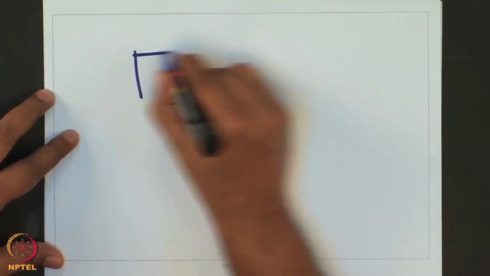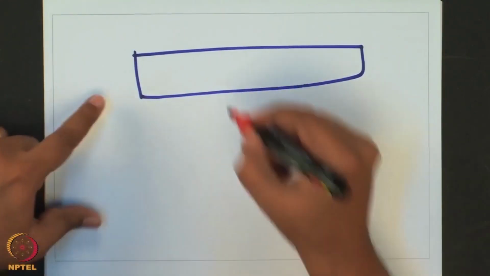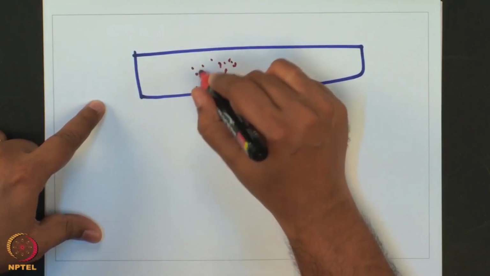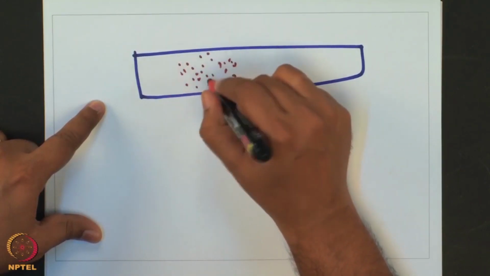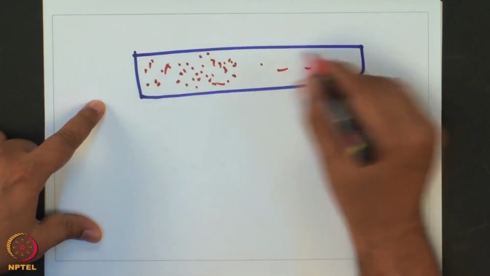So, let us think of two situations. First, let us think of higher concentration on the left side and lower concentration on the right side.